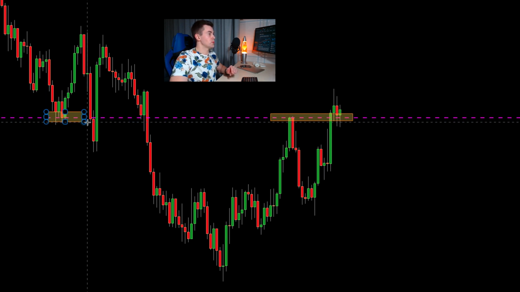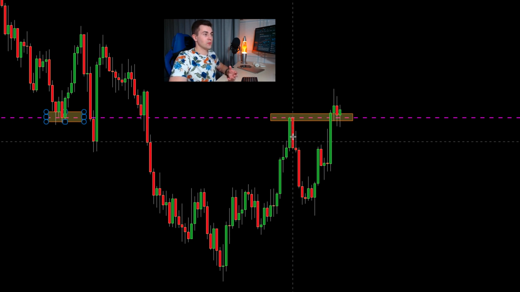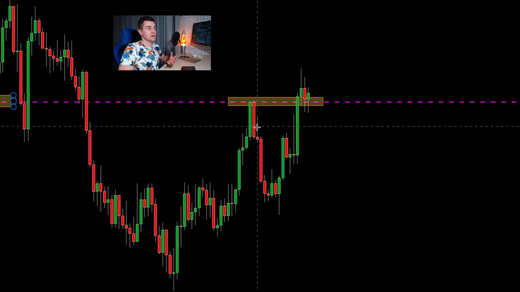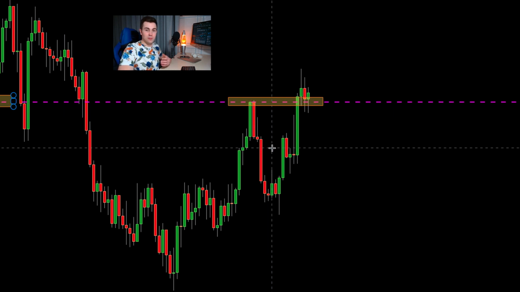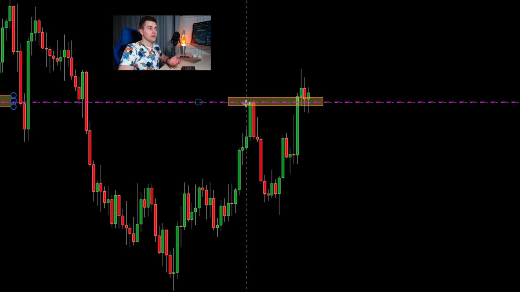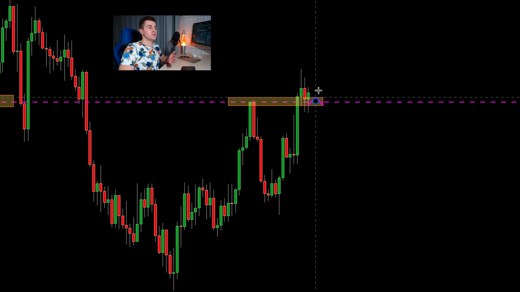Over here as well, you can see how important that structure is for the market participants, and you can see that they were willing to sell the market from that structure. And because of the classic structure rules, right now that resistance turned into support, and because of that there is a very high chance to see a bullish movement from that structure.